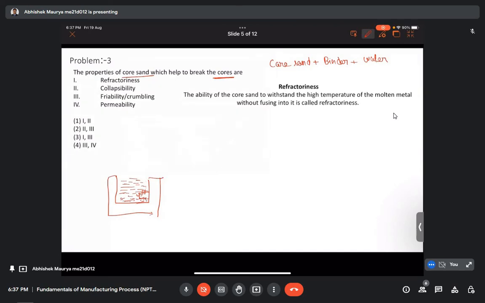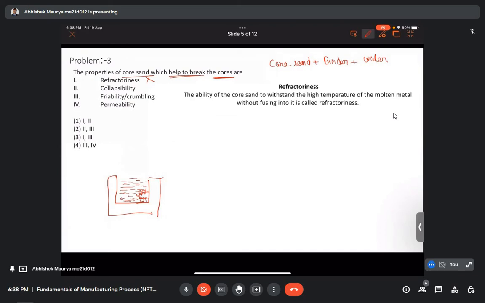And refractoriness is a very desirable property, like it should withstand these high temperatures. It should not deform its shape. It should not get damaged because of the high temperature. So refractoriness is a very desirable property for the core. But if you see the question, whether it helps in breaking the core, no. It is a desirable property of the core, but this property doesn't help the core to break.